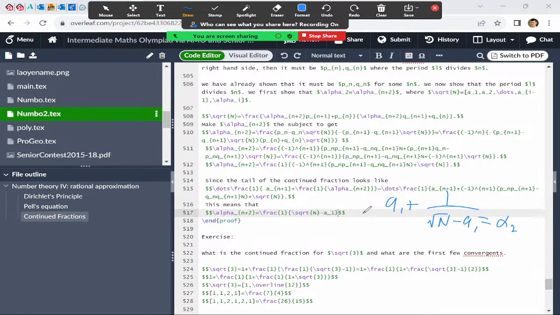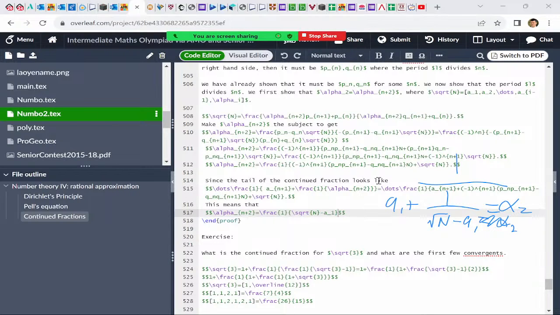Wait, I feel like something went wrong here. 1 on alpha n plus 2 is square root n. Wait, what just happened here? Oh, okay. It's not like that. It's 1 over 1 over that, yeah? So this is alpha 2, yeah? You understand?